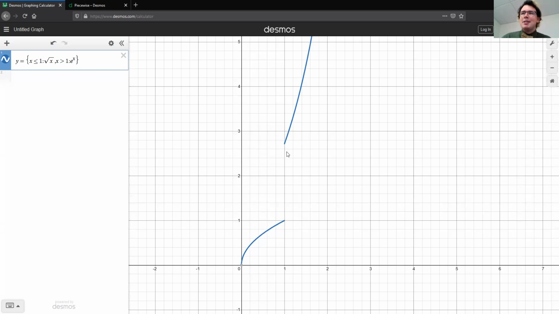So what's going on is that the left side of the function is trying to go one place. The right side of the function is trying to go a different place.